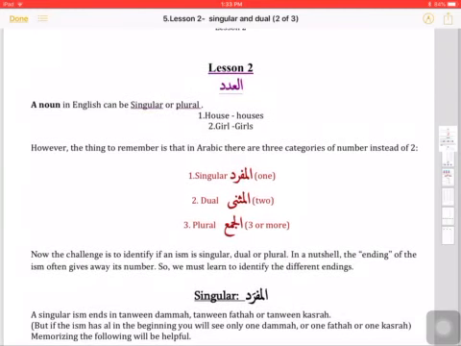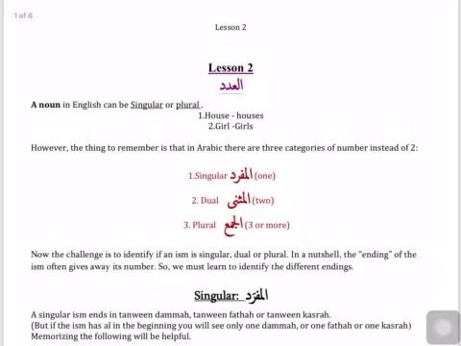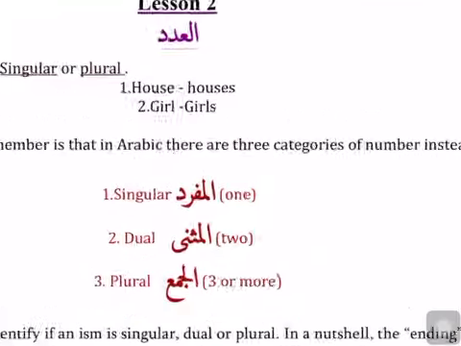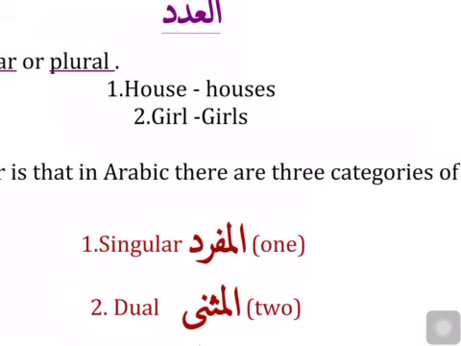Today, inshallah, we want to talk about the second property of ism, which is its adad. Adad means number. In English, a word can be singular or it can be plural. So you can have house or houses, girl or girls, singular, plural.